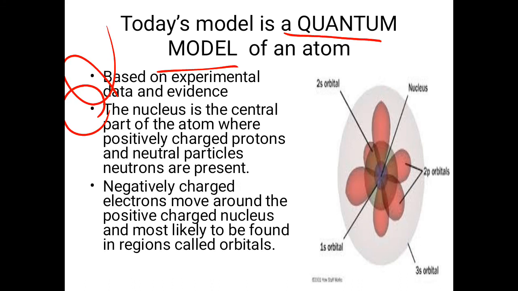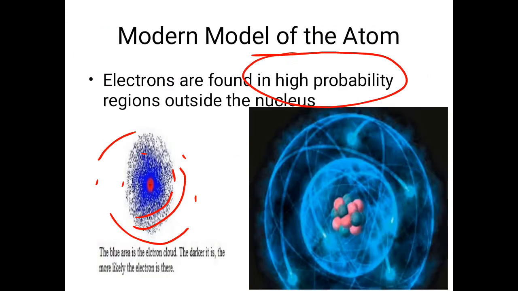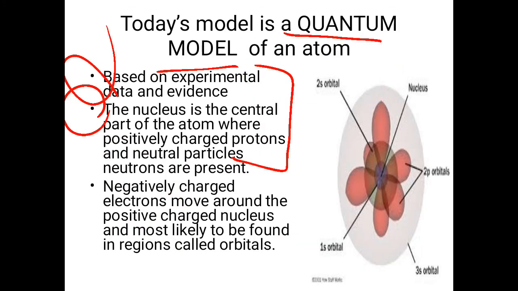But the negatively charged electrons move around the positively charged nucleus, and the regions where they are most likely to be found are called orbitals. So high probability regions around the nucleus are now called orbitals. So orbitals are the places in which the electrons are more likely to be found all the time.